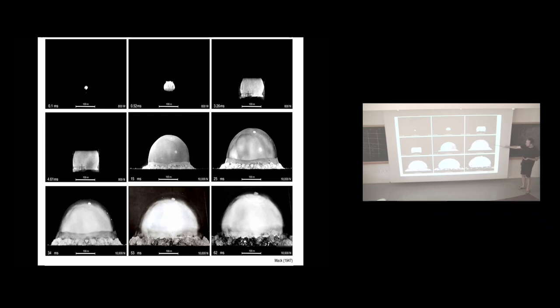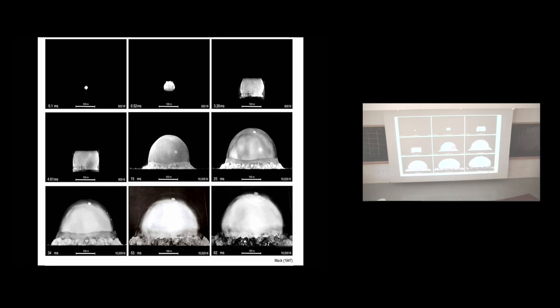Here, Taylor did the same sort of thing. He wasn't interested in all the details of the explosion front as it grows over time. He looked at just the average radius of the ball as it grows.